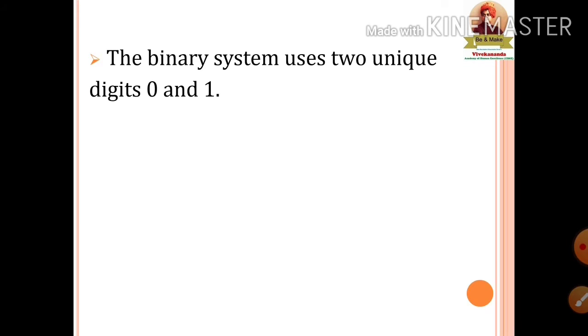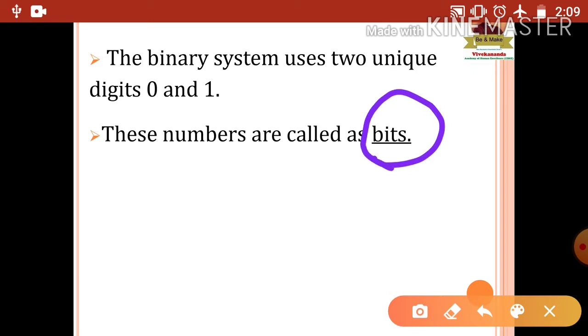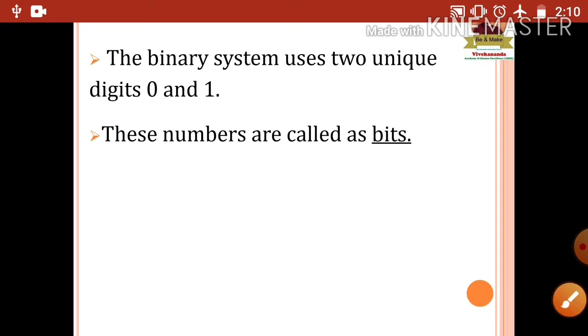The binary system uses two unique digits inside it, 0 and 1, and these numbers are called bits. So here is the first new term, called bits. Remember this term, students. Now what is meant by bits?